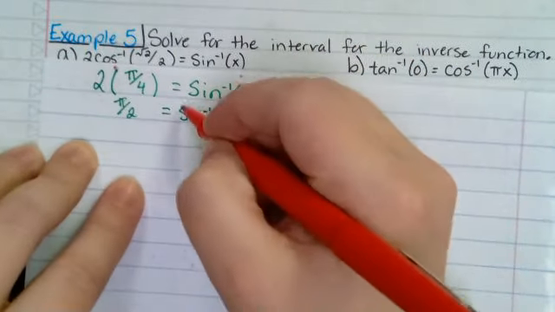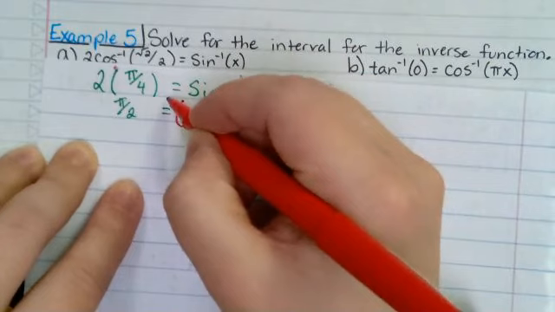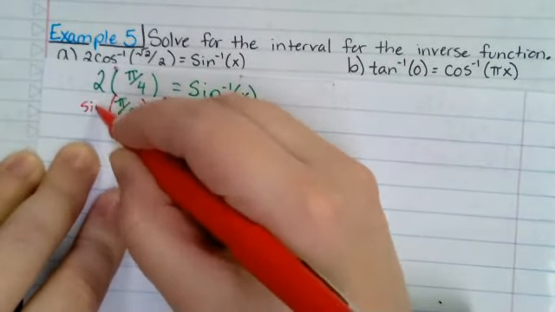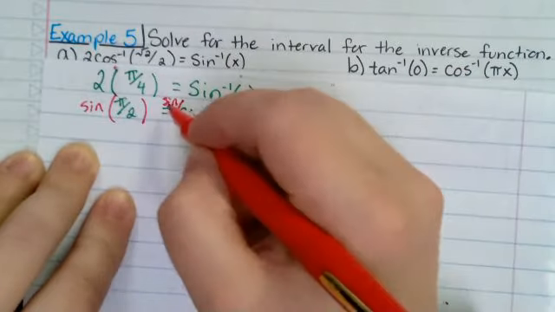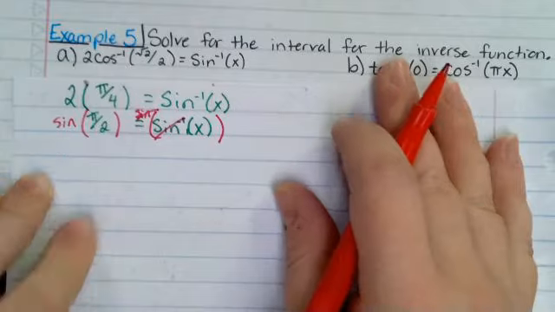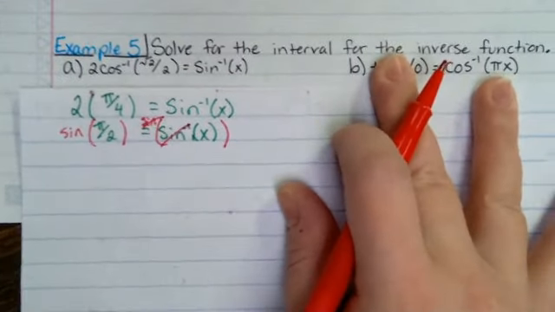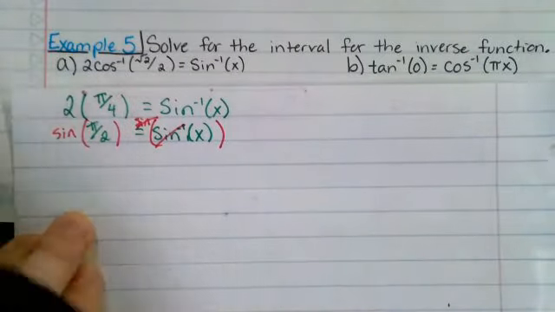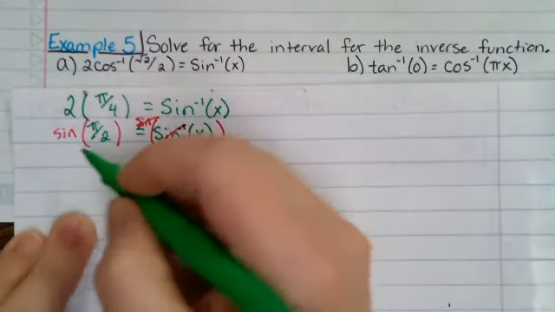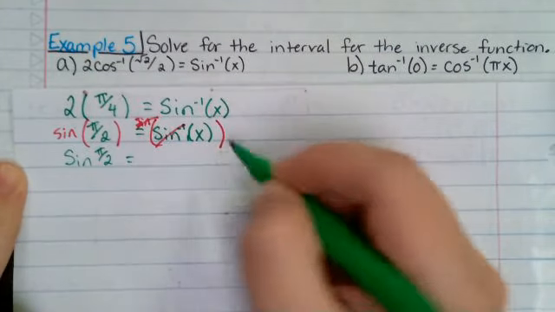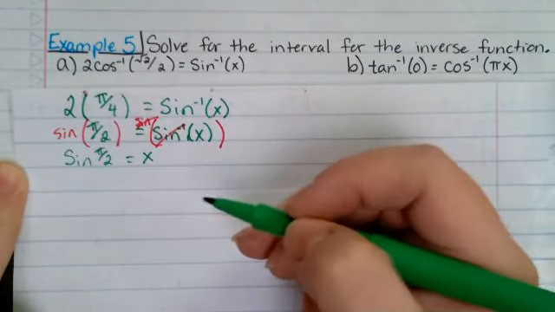We're going to do a sine on both sides. The beauty of that is the sine and the sine inverse will in fact cancel. So it's no longer an issue. And then what we're left with is figuring out what is sine of pi over 2. That is what's equal to x.